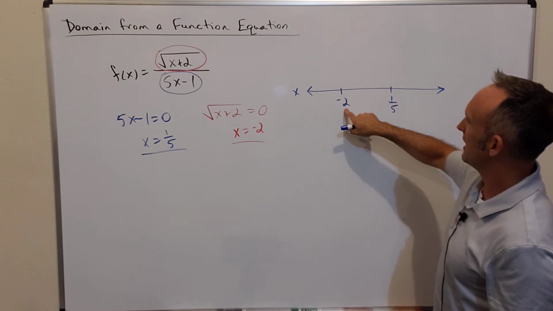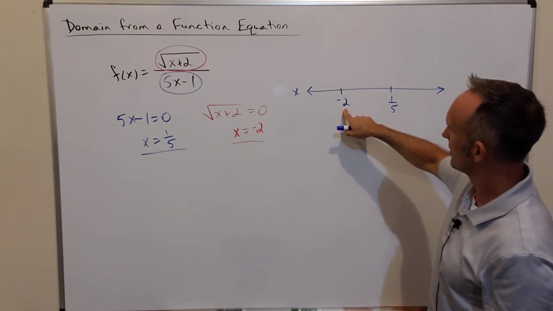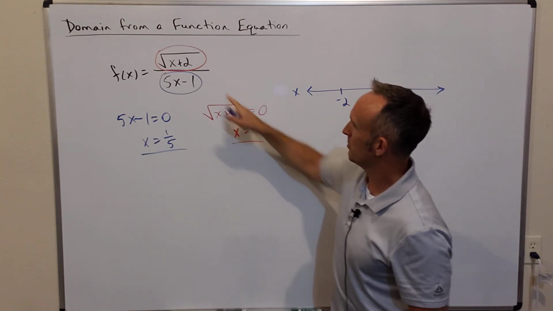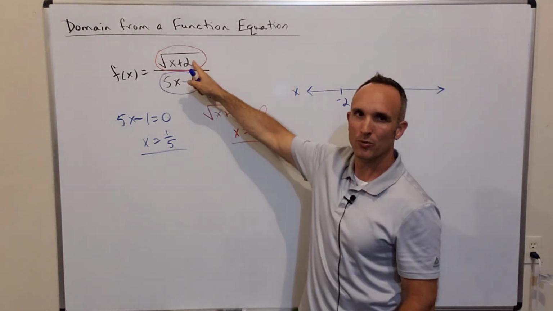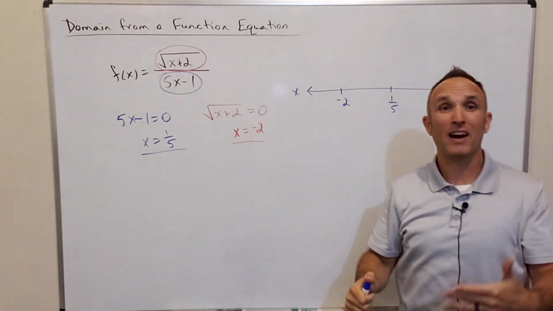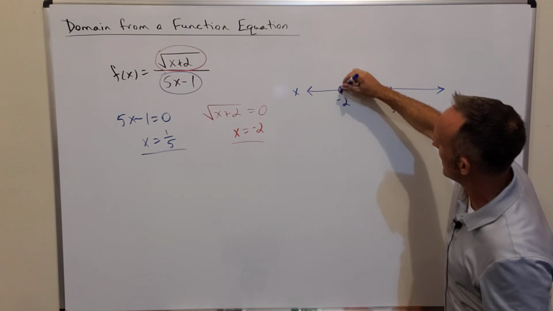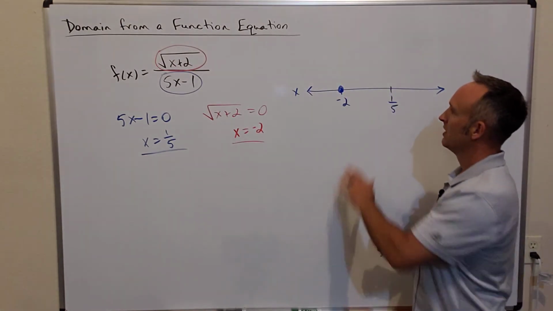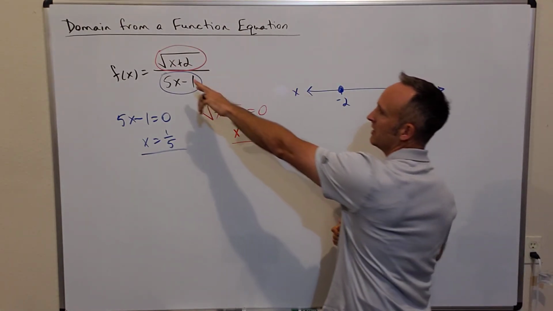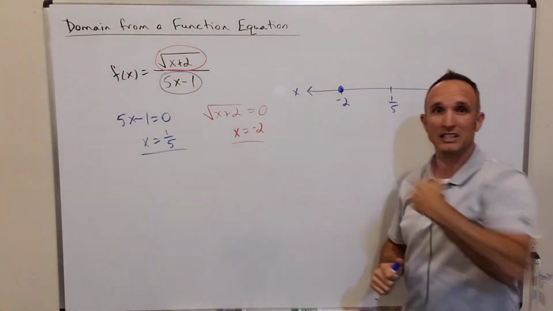All right, let's look at -2 itself. If I plug -2 in, I already know that it's going to make my numerator 0. And that's fine. I can take the square root of 0, and I'm not dividing by it, so it's okay. So I know that -2 is a valid input to this function. And you can test that out. Plug -2 in for x into all of this formula, use your calculator, and you'll see that you get an output.